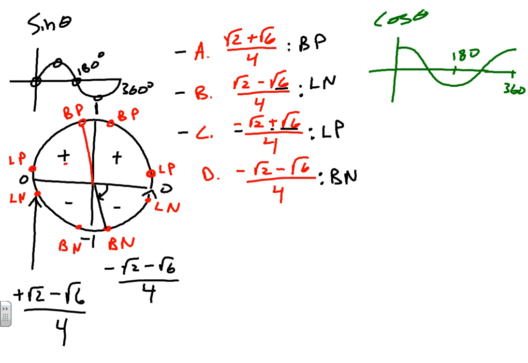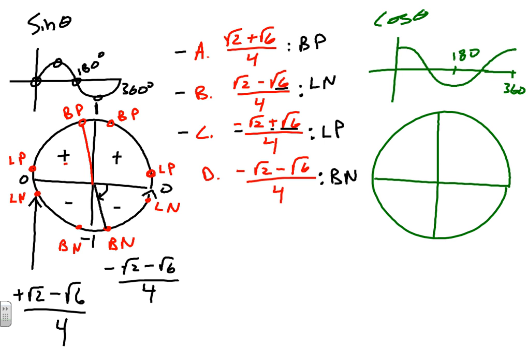And now, as we tour around our cosine graph, cosine starts at 1, goes to 0, goes to negative 1 over here, goes to 0, and comes back to 1. Cosine goes from positive into a negative quadrant. As we can see, it goes from 0 to negative 1, into a negative quadrant, and back into a positive quadrant.